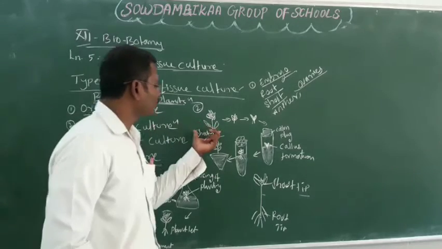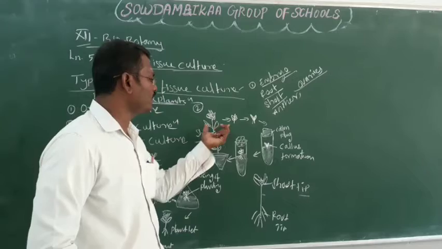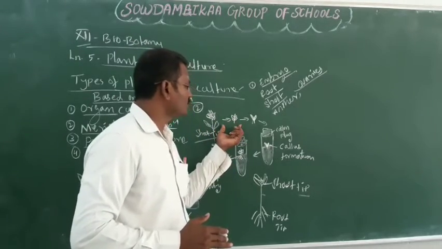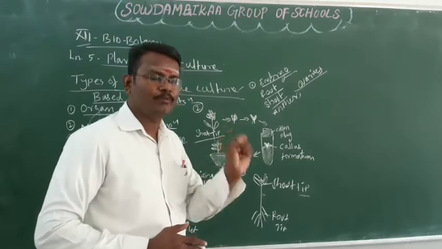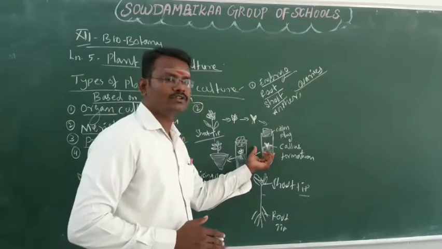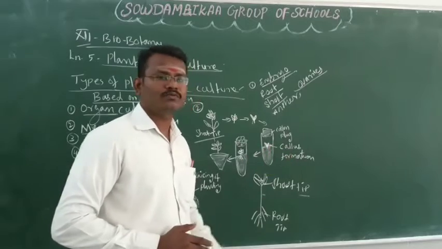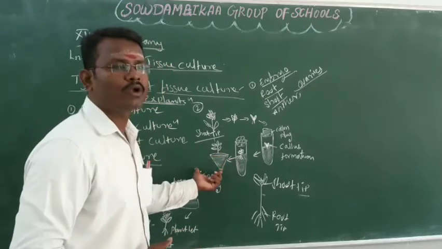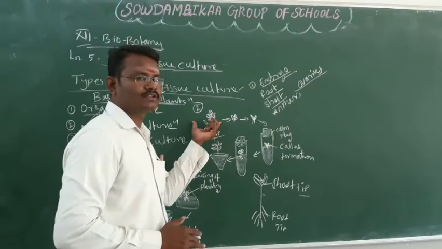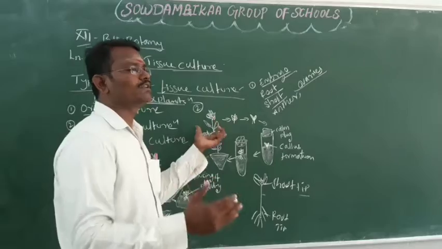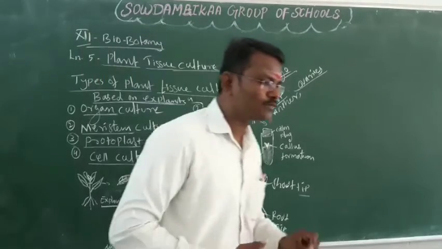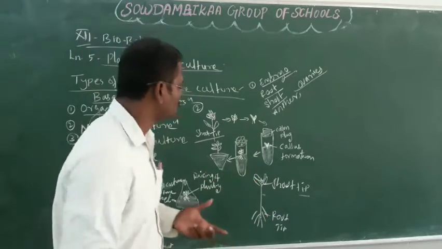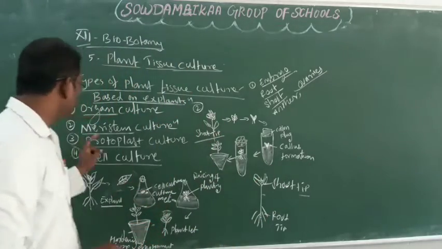We take the shoot part of the plant, remove all the matured leaves, and transfer the apical tip part to the inoculation culture medium. There is callus formation, then from the callus, shoot and root formation, and a new plantlet. This is a very important thing. Why do we culture the meristem? Meristem culture is used for the production of resistant plants. Virus-resistant plants can be produced from meristem culture.